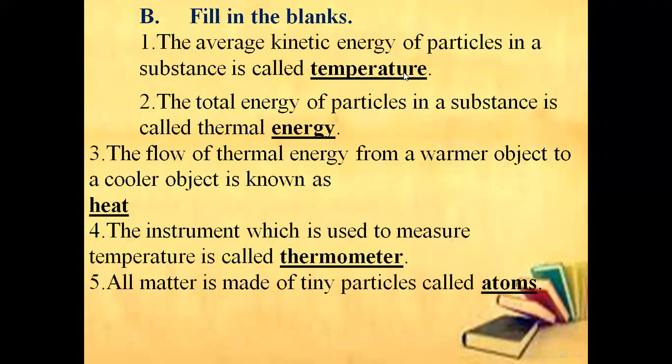Number 1 answer is average kinetic energy of particles called temperature. Total energy of particles in a substance called thermal energy. The flow of thermal energy from warmer to cooler object is known as heat.